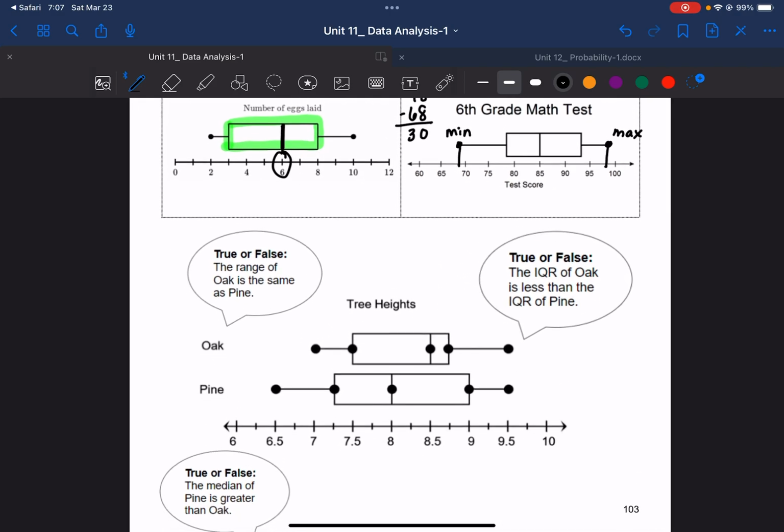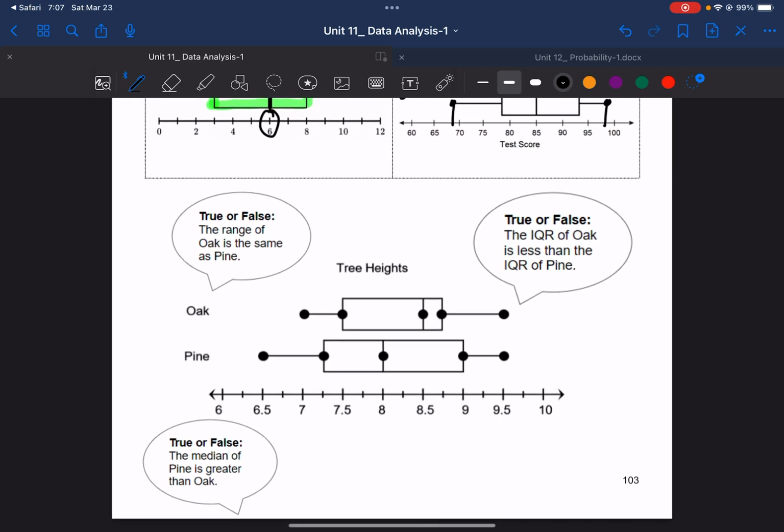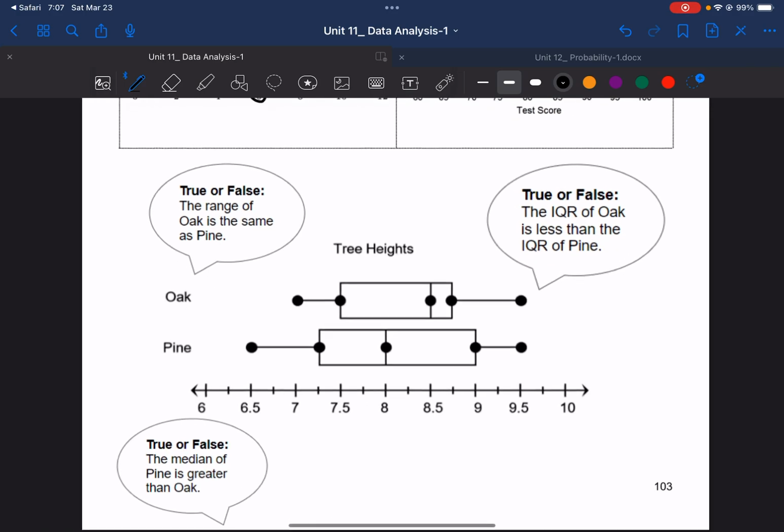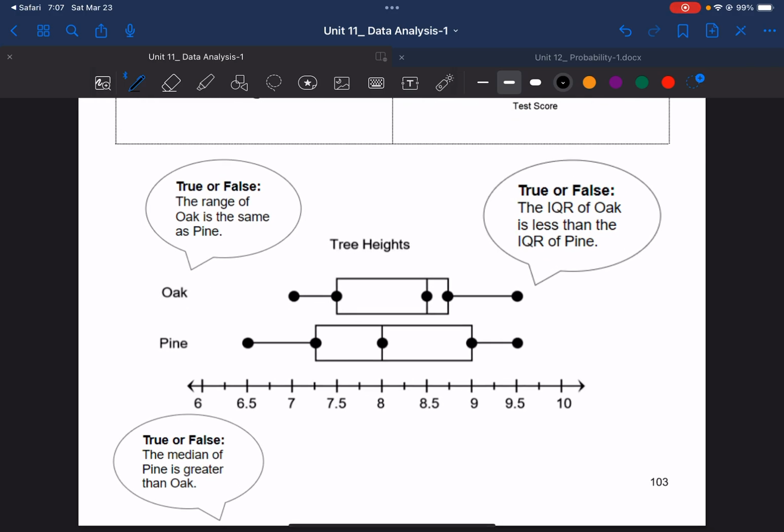I'm going to move down to these box plots that I have right here. And first of all, what I want to do is label every point. So here, this is 7, this is 7.5, 8.5, this one is 8.75, and this one is 9.5.